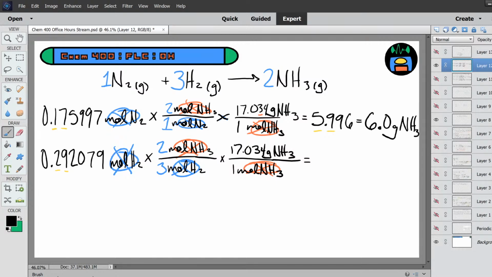But I'll show you an example that's kind of interesting where you can be given 3 out of 5 and still find your answer. So you can rest assured that you'll always be given enough to calculate the answer to solve the problem. But it may not always be as straightforward as being given 4 out of 5 variables. And I'll show you what I mean in just a moment.